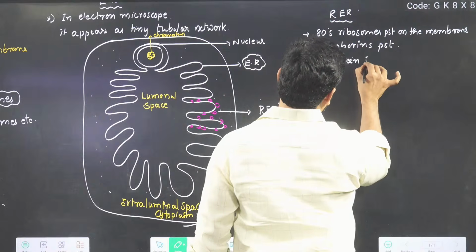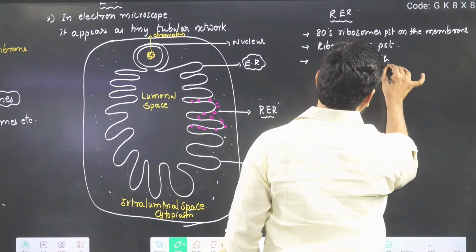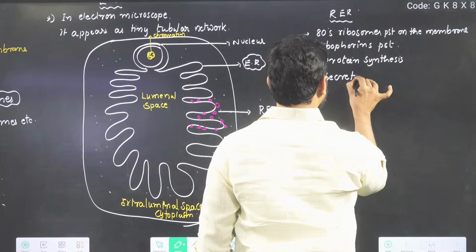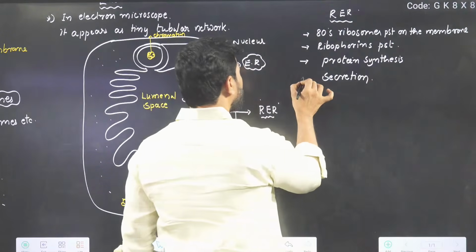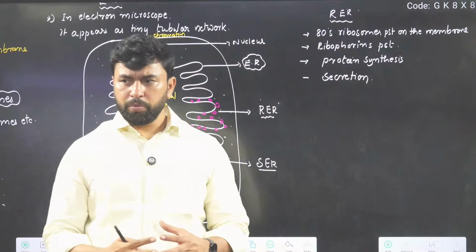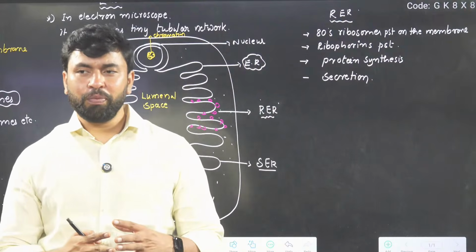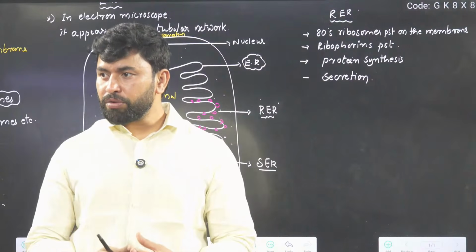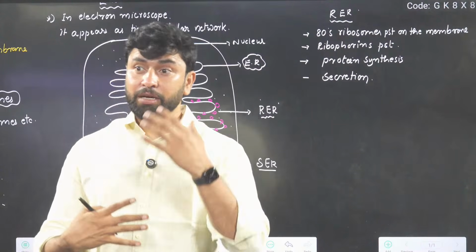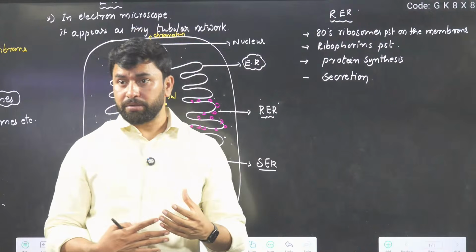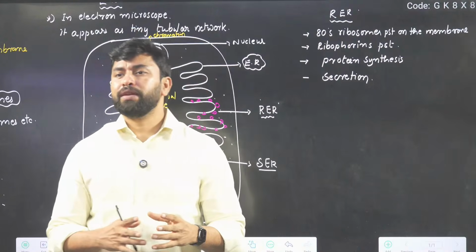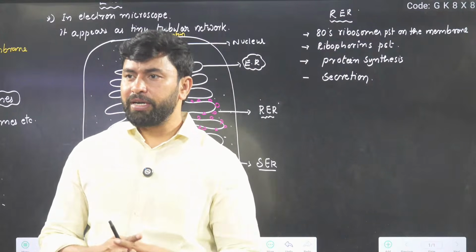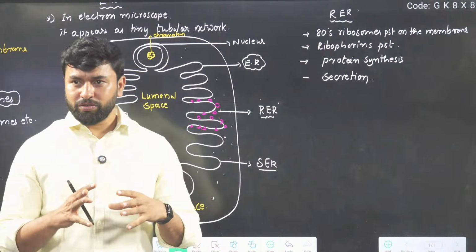Got it? Next one. If ribosomes are present, the main work is protein synthesis. The main work of rough endoplasmic reticulum is protein synthesis and also secretion of the proteins. The rough endoplasmic reticulum doesn't like to keep the synthesized proteins for itself. It will send them to another place. That sending process is called secretion. Both protein synthesis and secretion of those proteins away from the place are done by rough endoplasmic reticulum.